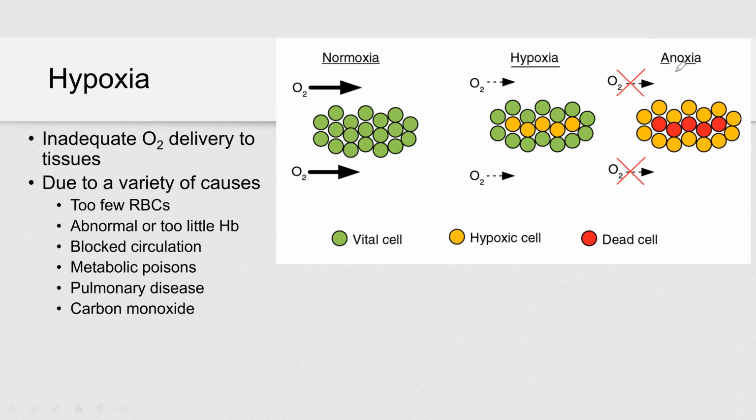And anoxia is when you don't have any oxygen, and when you do not have oxygen delivered to your cells, they start dying. So here you have dead cells. And if you do not restore this delivery process, the whole organ might die. Right, that's what hypoxia is.